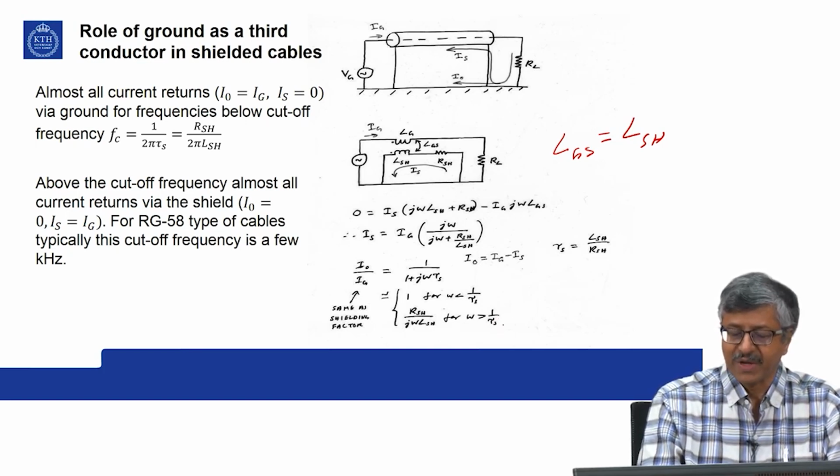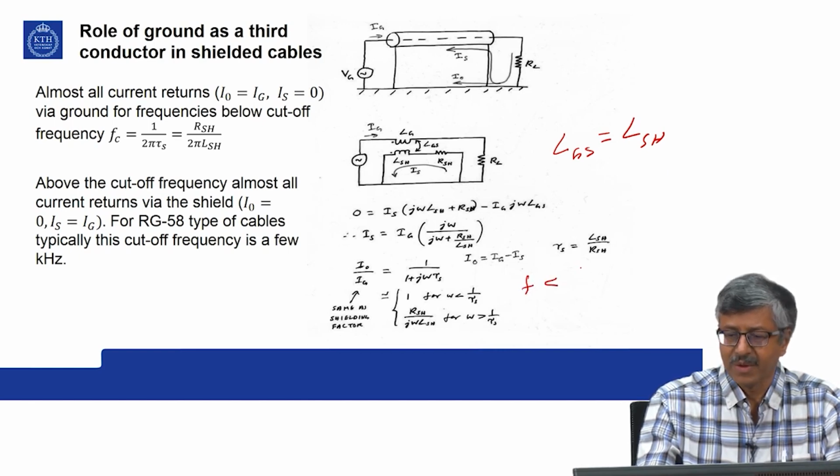So, this is for high frequencies. The first case corresponds to frequencies below the cutoff, below RSH by 2 pi LSH.